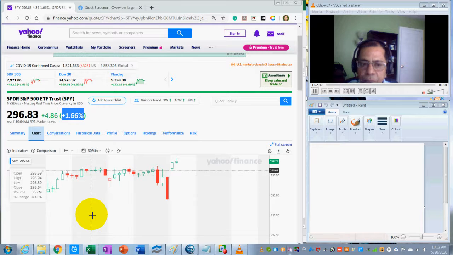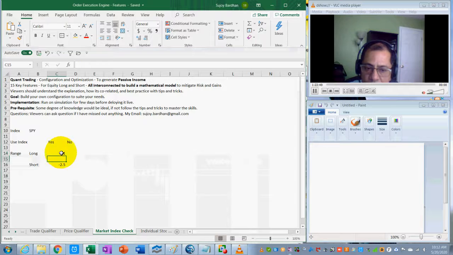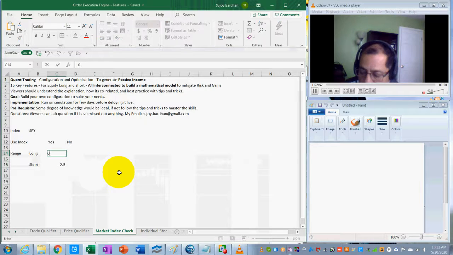I want to trade for long positions if it is over 0.5%, as an example. That means you are willing to take a little bit more chances. If you're saying 1%, it will be a little more conservative compared to 0.5%.